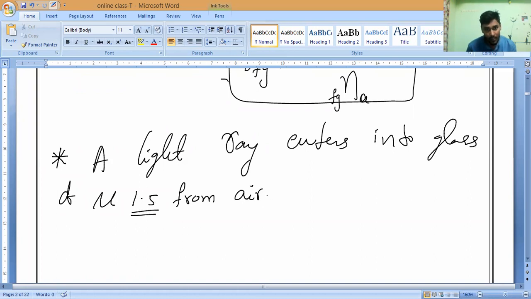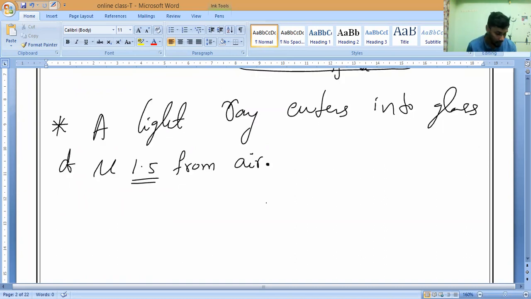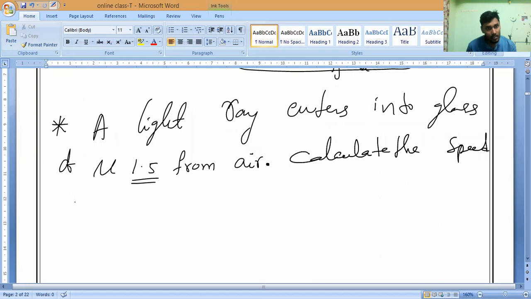Absolute or relative refractive index? Absolute, sir. Absolute. Understand? Now calculate the speed of light in glass. That's all. Is it easy or difficult? Easy. Easy only. So please do it.